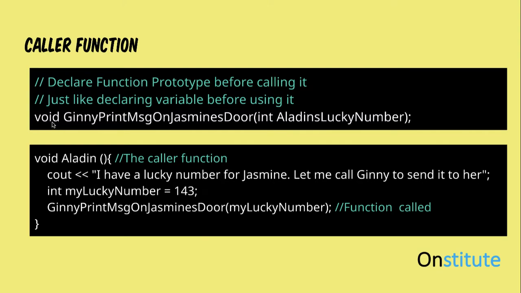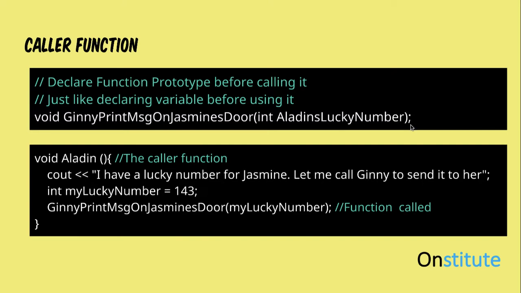Anyway, in this prototype, there are three different parts. The first is the type of the function. Second is the name of the function, followed by the parameters that you want to pass. And that parameter should be enclosed inside parentheses. In this case, the parameter is of type integer, and this is actually Aladdin's lucky number.